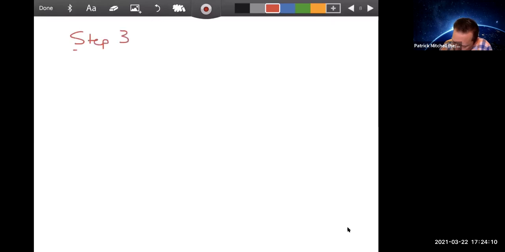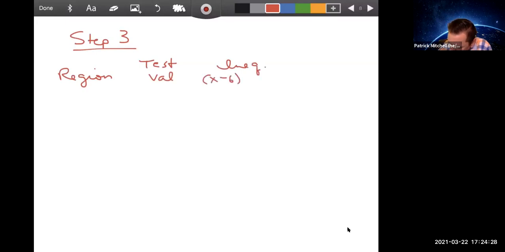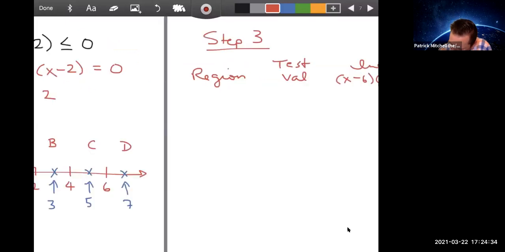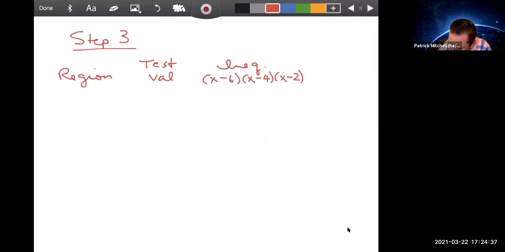My table is going to have one more row than it did before. So we have the region, we have the test value, we have the inequality, x minus 6, x minus 4, x minus 2. And I think it said less than or equal, right? Yes. And then we'll ask ourselves, is that true or false?